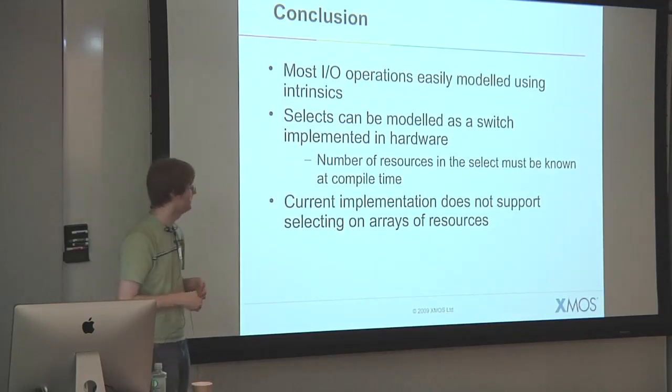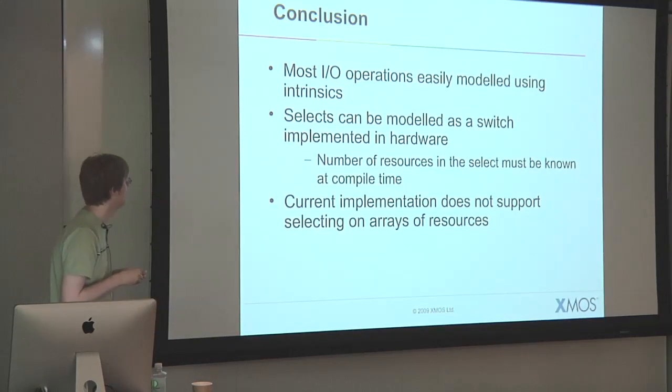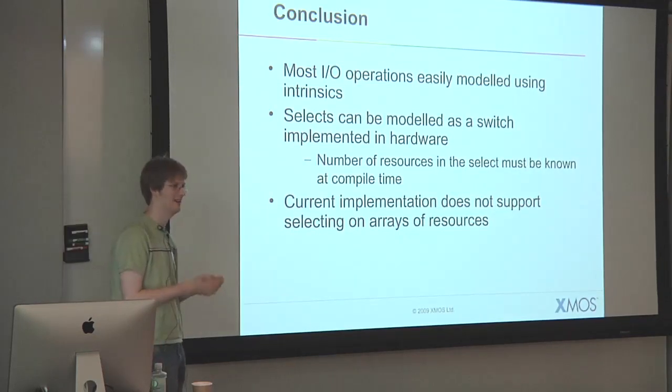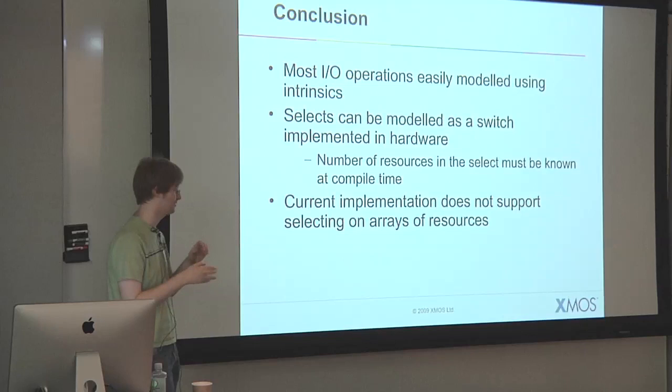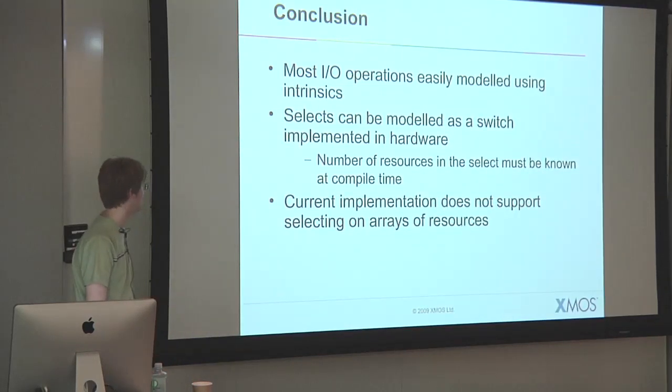The select and the event-driven programming we can model as a hardware switch, but there is a limitation in that we can't select on these kinds of arrays. So that's something we would like to improve in future.